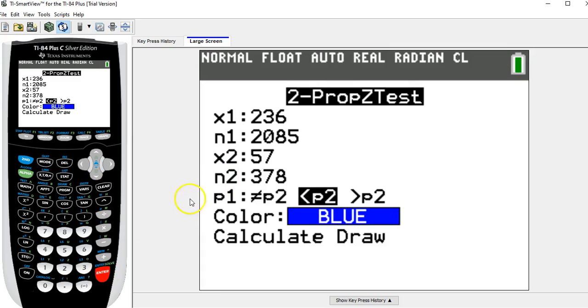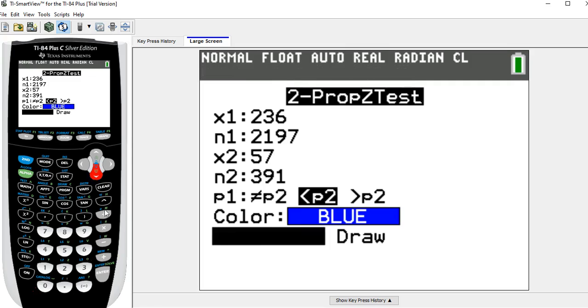The X1 and the N1 are the numbers from the cars, 236 out of 2197. And then the second proportion, the X2 and N2, is from the trucks, 57 of 391. And the alternate hypothesis was P1 less than P2, which is that one.